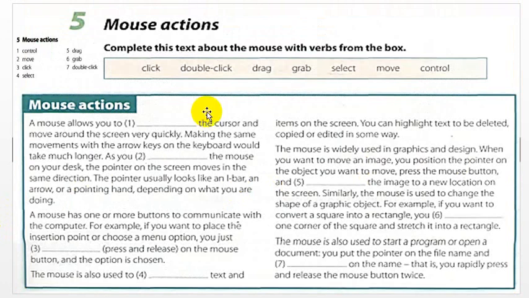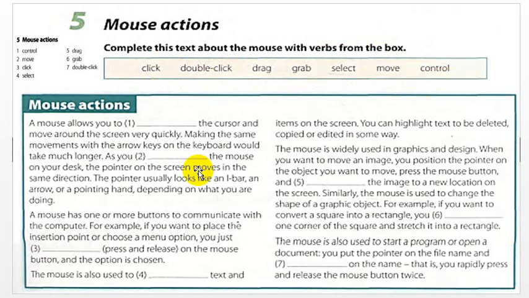Okay, here is a reading: mouse actions. Complete this text about the mouse with verbs from the box. Here are the verbs: click, double click, drag, grab, select, move, control.